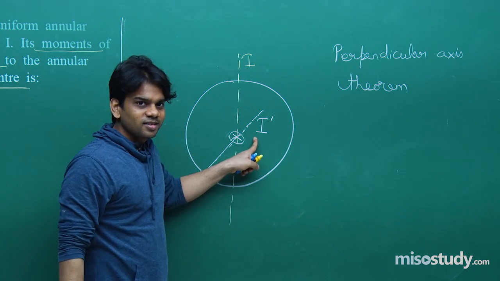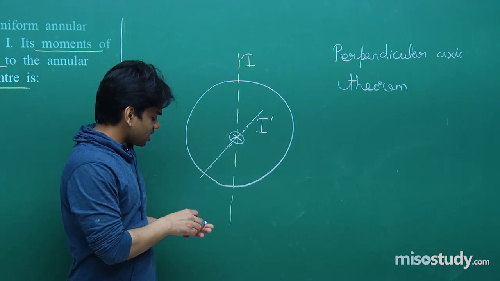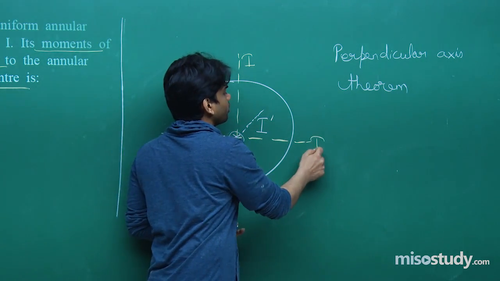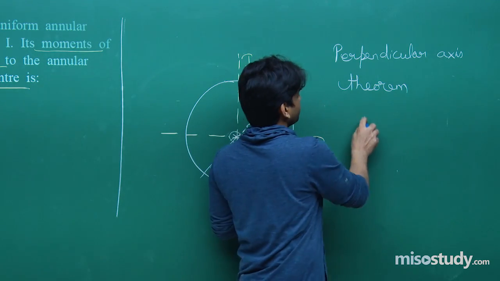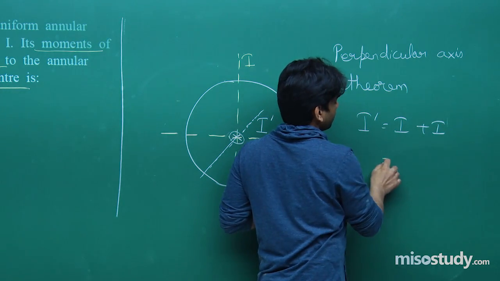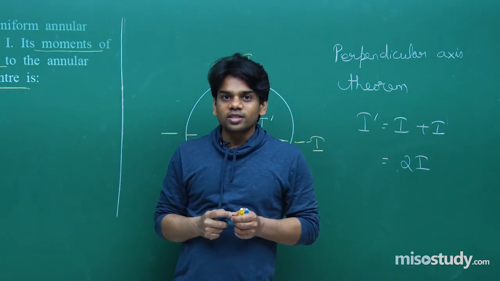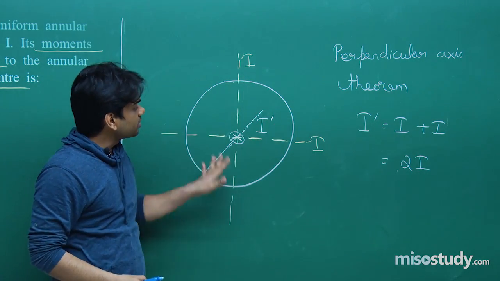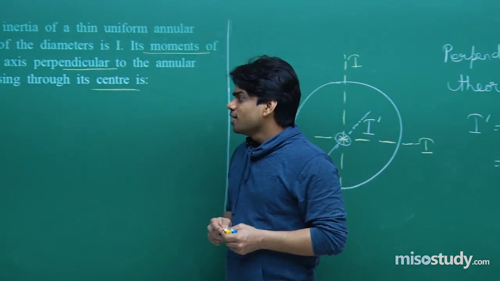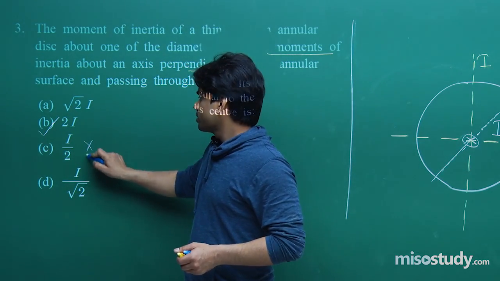I dash is the perpendicular axis, and perpendicular to this axis we can also say that there will be another diameter axis, its moment of inertia will be I. So we can write I dash will be equal to I plus I, that will be equal to 2I. Hence, the moment of inertia about an axis perpendicular to the surface and passing through the center is given as 2I, that is the right answer. So let's check. Root 2I incorrect, 2I, that's correct.